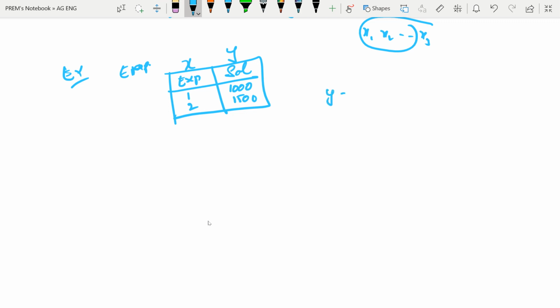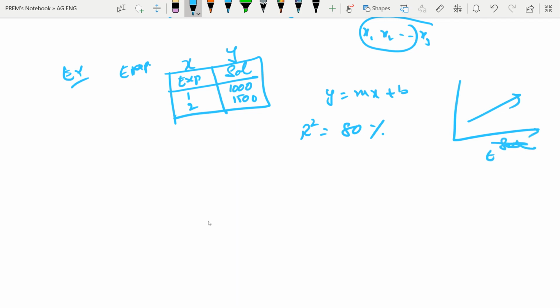Here y is equal to mx plus b. Based on this data, I can make the model, and it gives an R square value of about 80%. So our model is the best fit line through the data points, with experience on one axis and salary on the other.